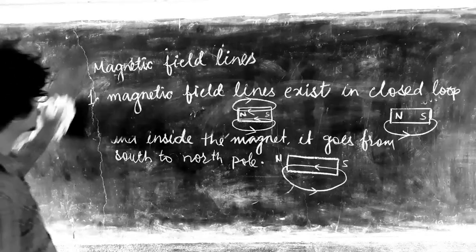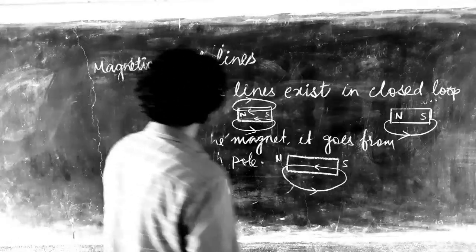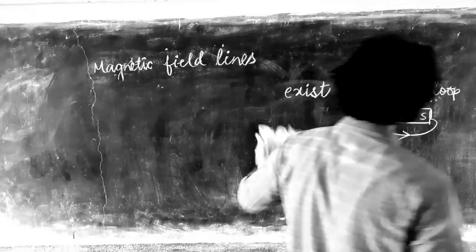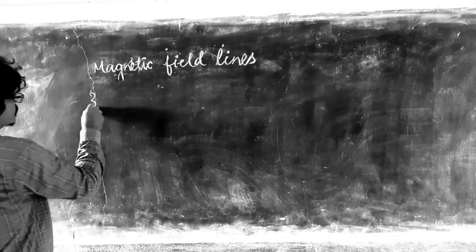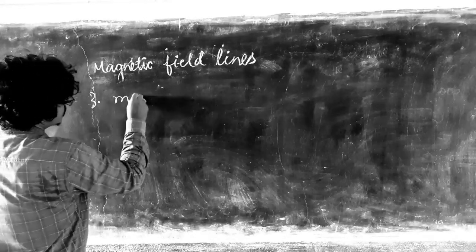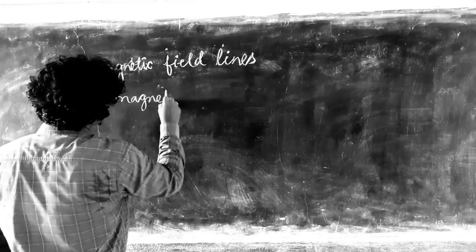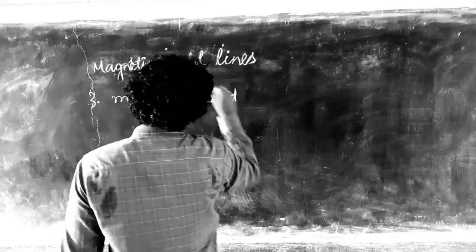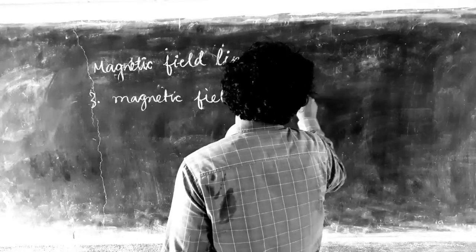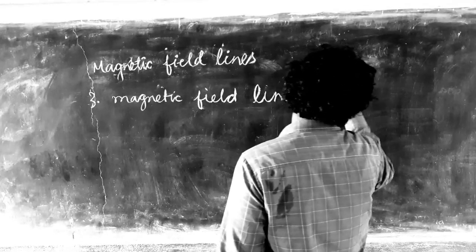Third point. Magnetic field lines never intersect.